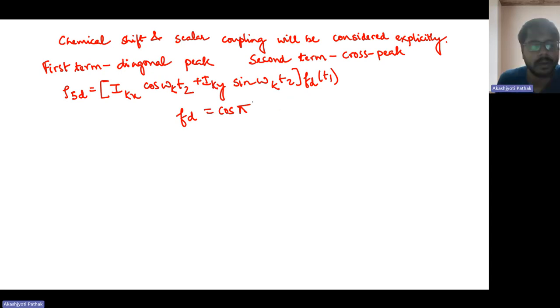So evolution under coupling generates the density operator rho 5D dash. So evolution of this density operator will give us this rho 5D dash.